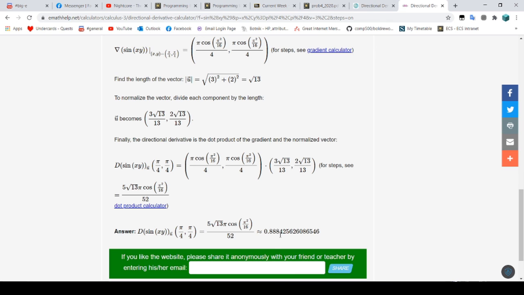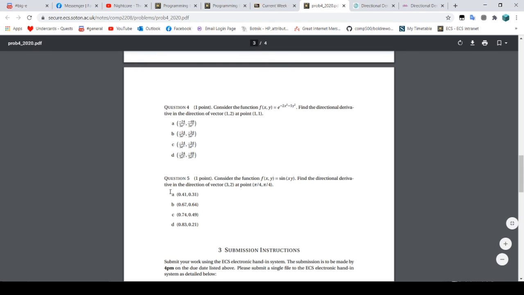That's what I've got on the screen. This one is 0.33, and then if I change that to that, 0.35. So I get this as well. But look, that's not one of the options, is it?